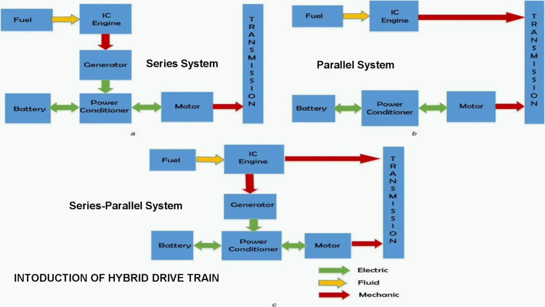Mode 2, during full throttle acceleration, both the ICE and the front wheel EM deliver the power to the front wheel and the second EM delivers the power to the rear wheel. Mode 3, during normal driving, the ICE delivers power to propel the front wheel and drive the first EM as a generator to charge the battery.